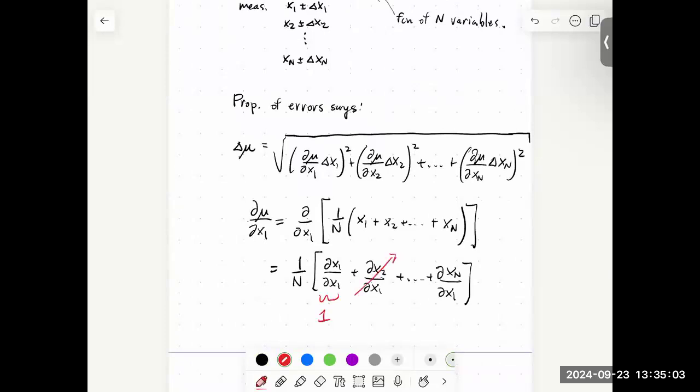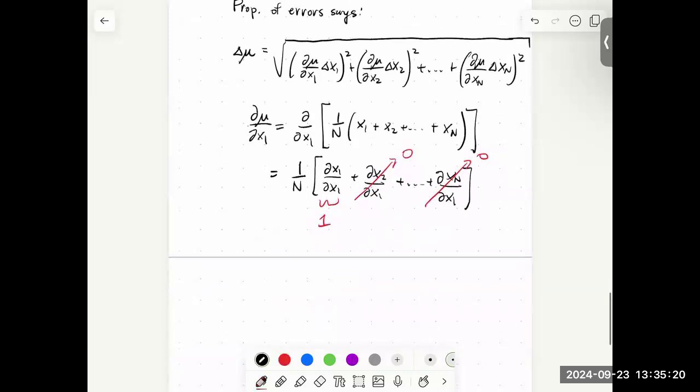And there's no x1 in the second term, so its derivative is 0. All of the other terms will have a derivative of 0 because there aren't any x1s in any of these terms except for the very first one. And so what we get is just 1 over n. Now you could do this for x2, x3, all the way up to xn. It's always going to be the exact same result.